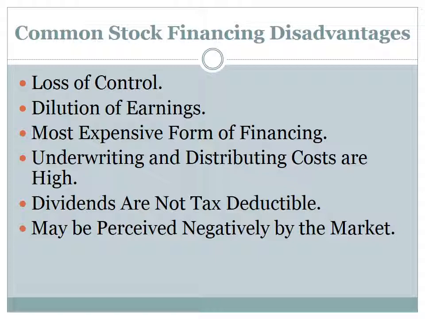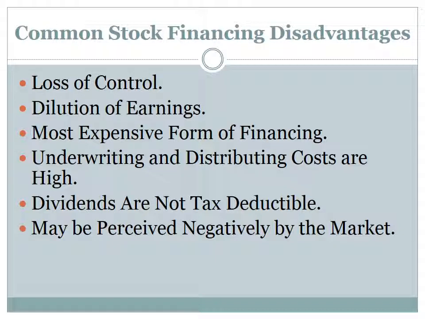It is a very expensive form of financing because from an investor's perspective, it's the riskiest security that an investor can purchase of the firm. So it has to pay a higher rate of return. On top of that, you have to pay an investment banker to underwrite and distribute the common stock whenever you issue new common stock, and that is also expensive.